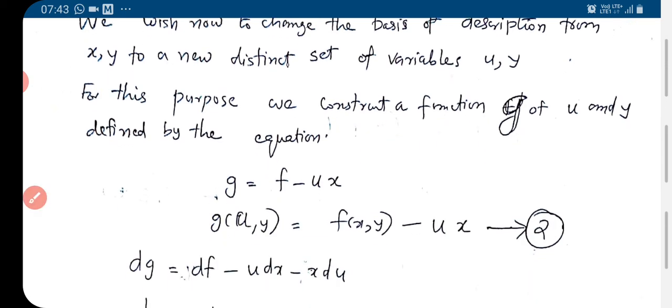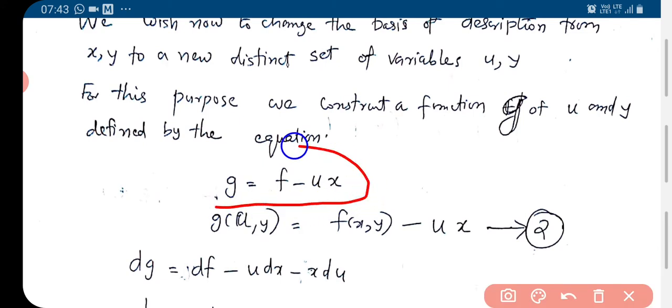It is defined by the equation g equals f minus ux, where f is a function of x and y.